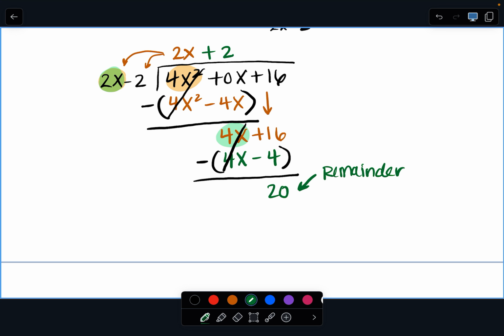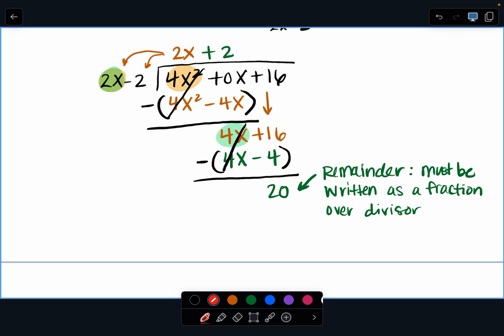Now, the one thing about a remainder is, I'm going to make a little note, must be written as a fraction over the divisor. So by that, I mean, we are going to take our 2x plus 2, because that's a big part of what we have.